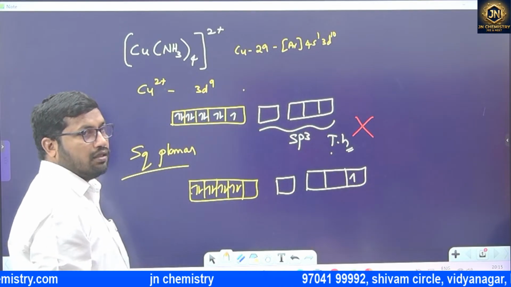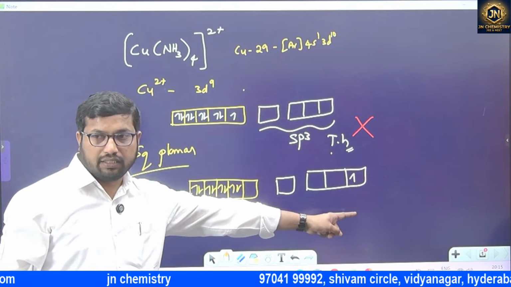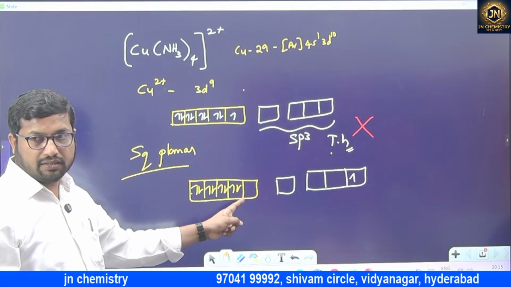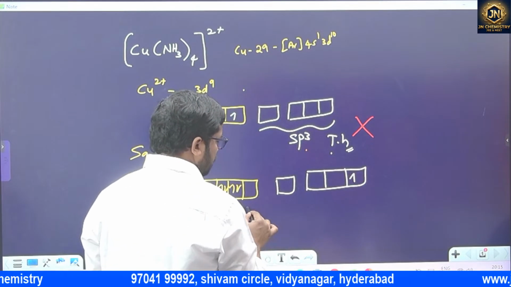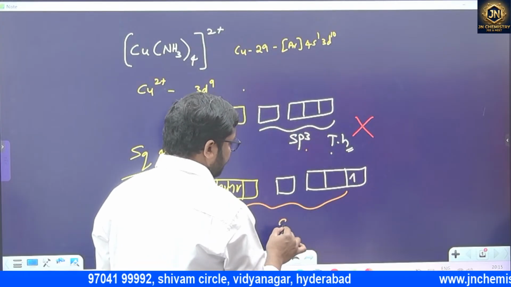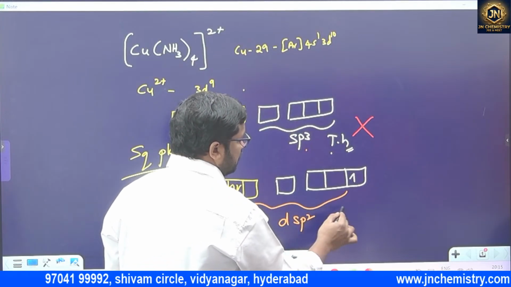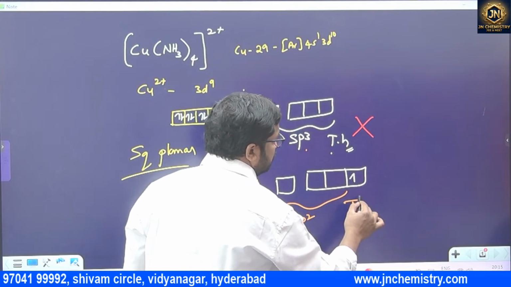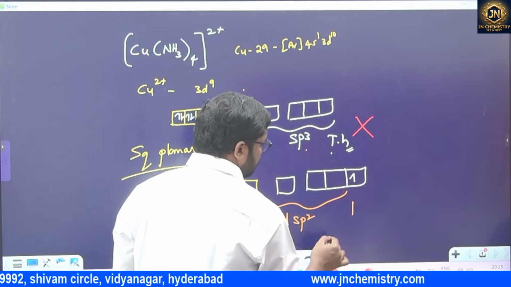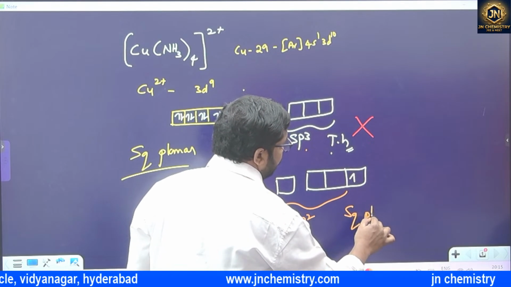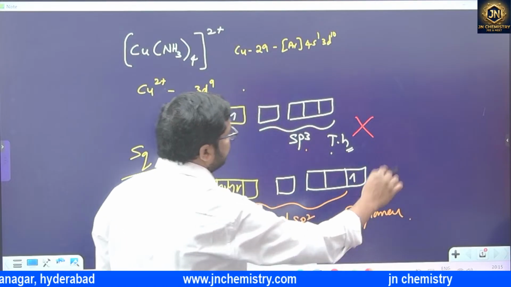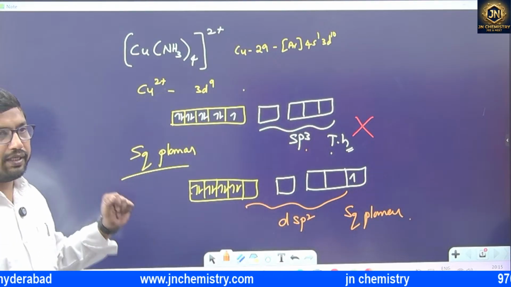So this electron is promoting to here. So now it is vacant, right? So now this undergoes dsp2, square planar. Yes or no? Square planar. Who explained this? Pauling.